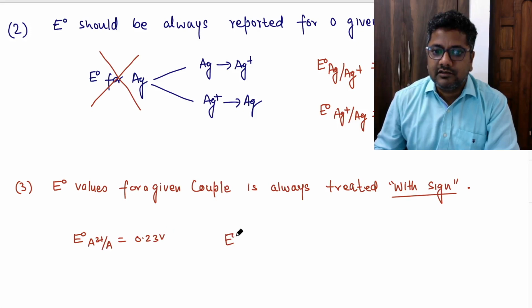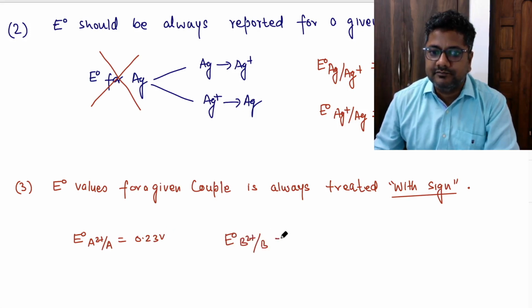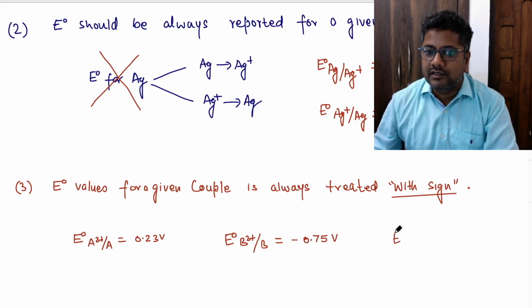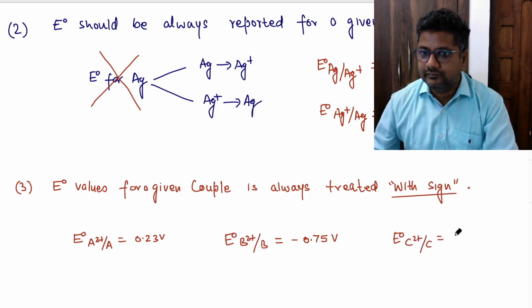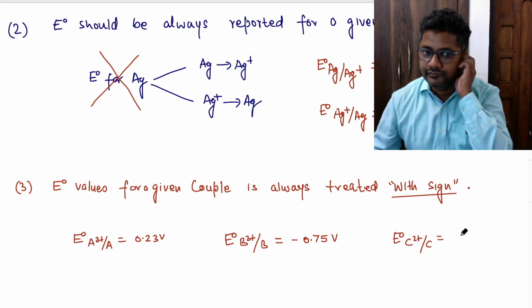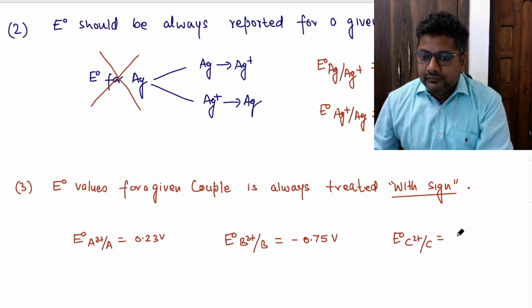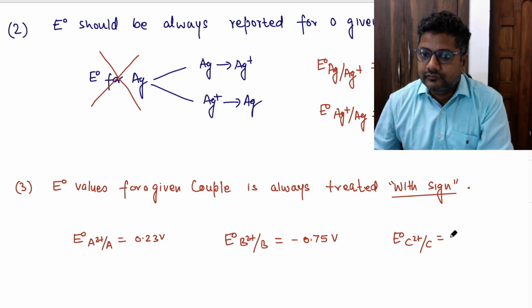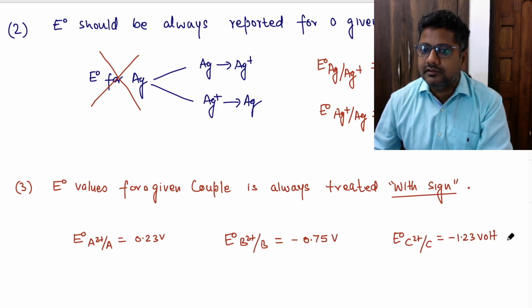E naught for B2 plus 2B is given minus 0.75 volt, and E naught for C2 plus oblique C is given minus 1.23 volt, right?